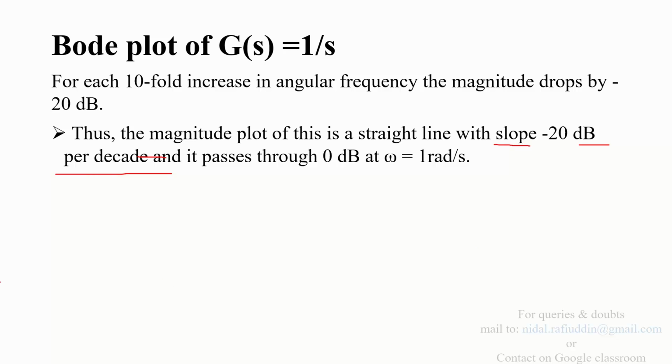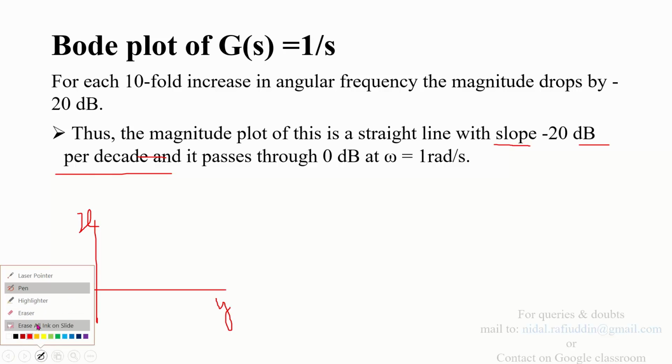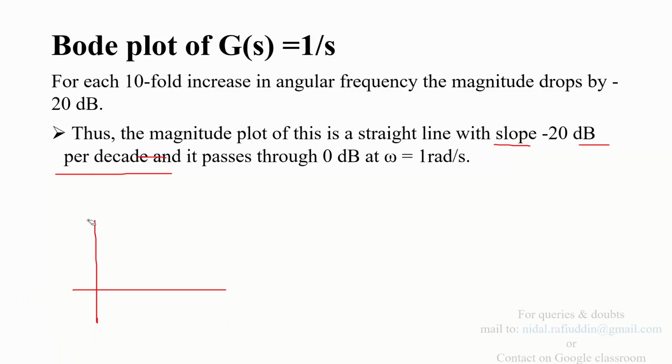So how do you identify slope? If you remember, in a normal graph paper, you have markings on the x-axis as well as the y-axis in centimeters. So if this is the x-axis and this is the y-axis, you have markings in centimeters on both axes.